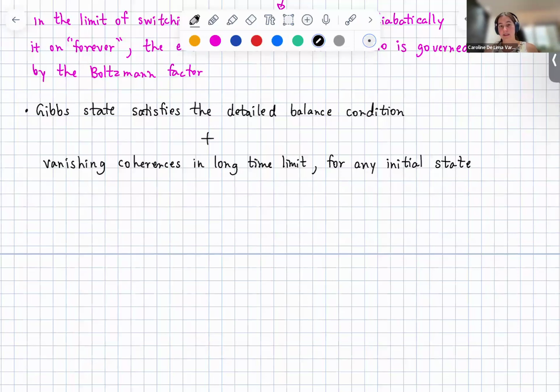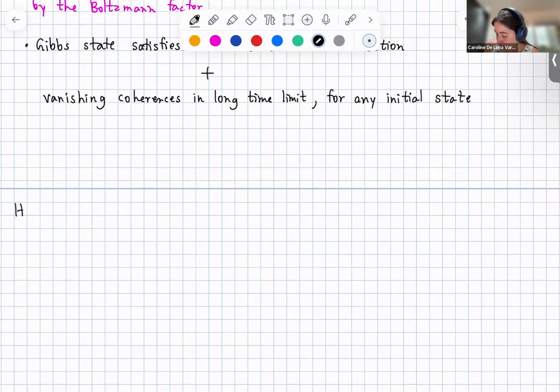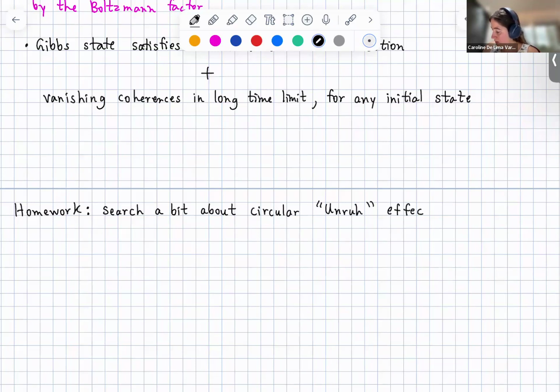All right, guys. This was pretty much what I had for today, but there's only one more thing, which is a homework, quote unquote. I wanted you guys to search a little bit, maybe spend 5 minutes, at least something, about the so-called circular Unruh effect.